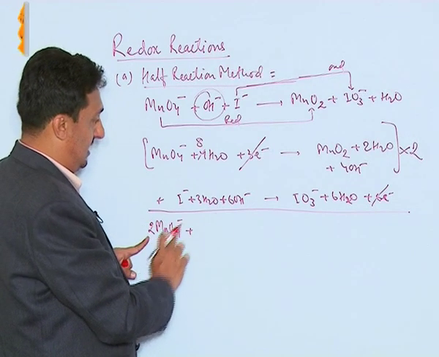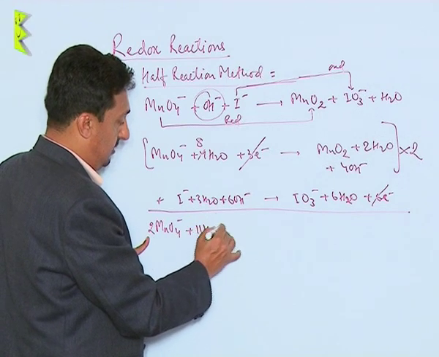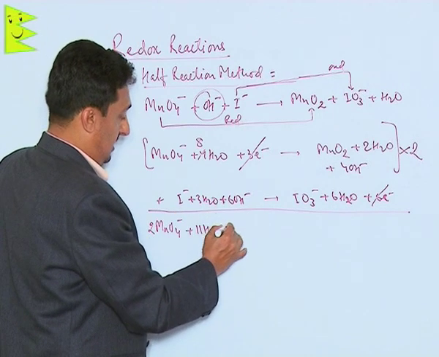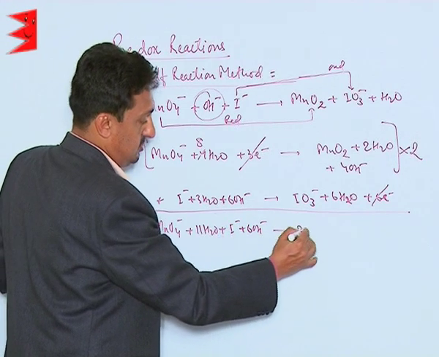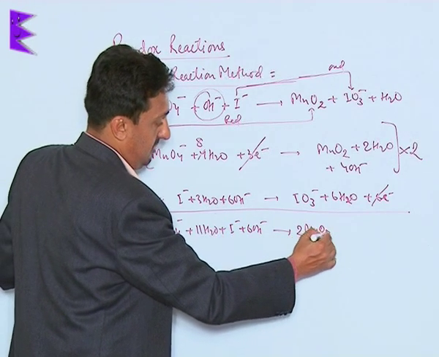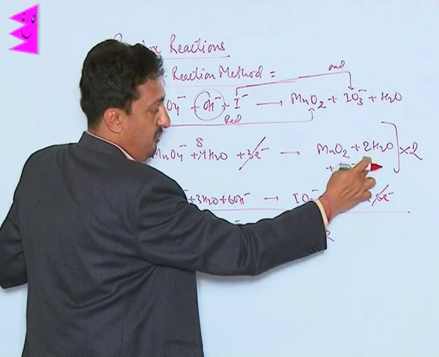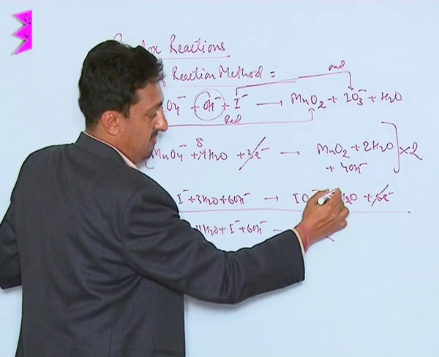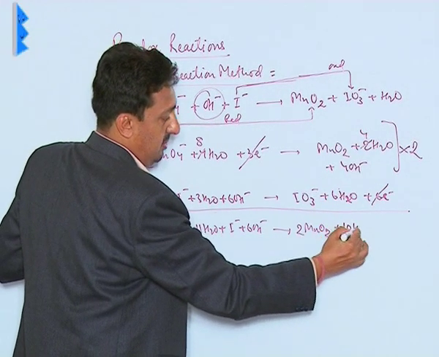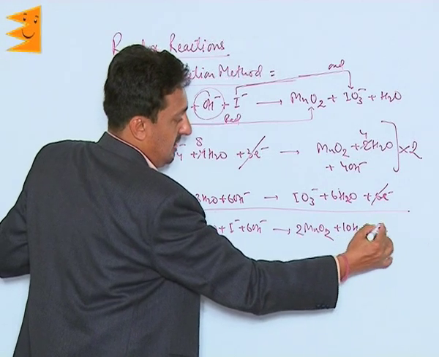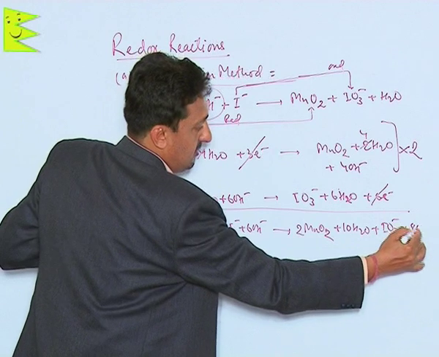So 2 permanganate ions, 8 and 3, make 11 water molecules, plus iodide ion plus 6 OH minus ions will turn to 2 MnO2, because we are multiplying this side by 2. 2 2s are 4, 4 water here and 6 water here will make 10 water molecules, plus iodate ion plus 2 4s are 8 OH minus ions.